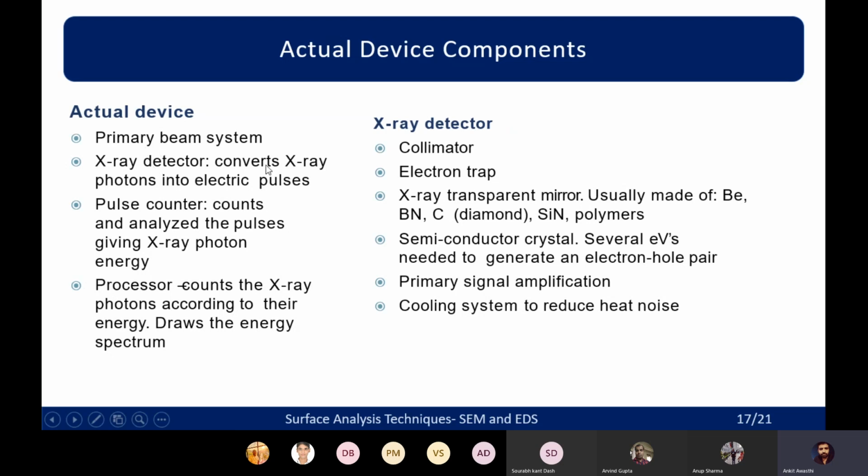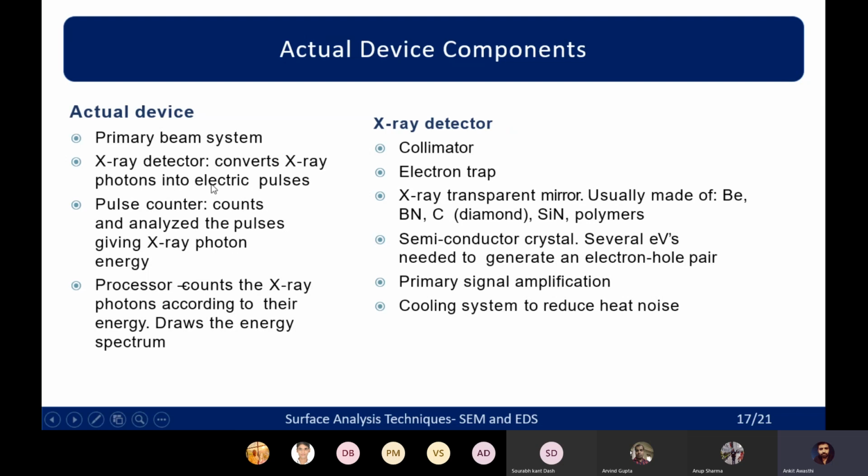This is a very important thing in EDS analysis. Apart from that, we have a pulse counter which counts the number of pulses we are getting from the X-ray photons. And then there's a processor which counts these signals and draws the energy spectrum. So this processor is also very important.